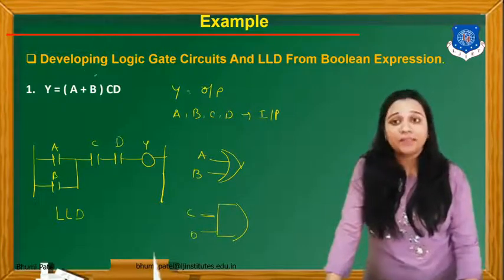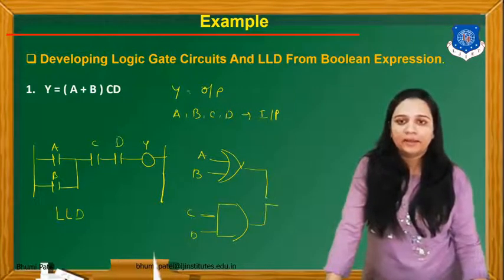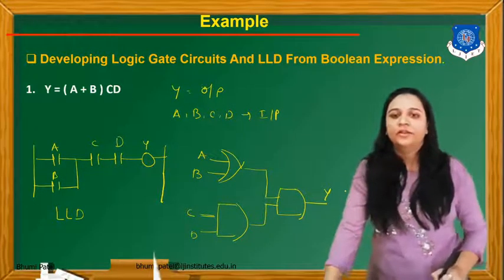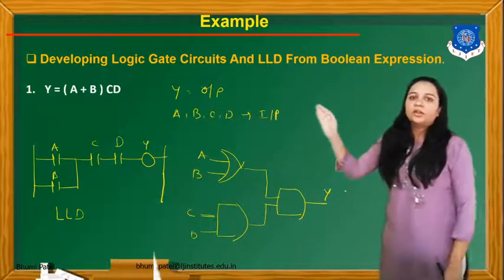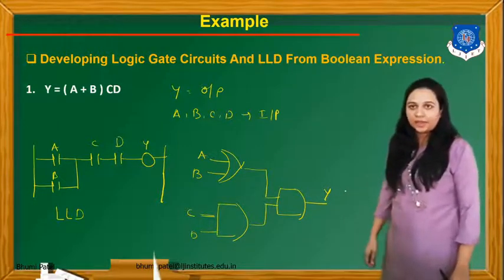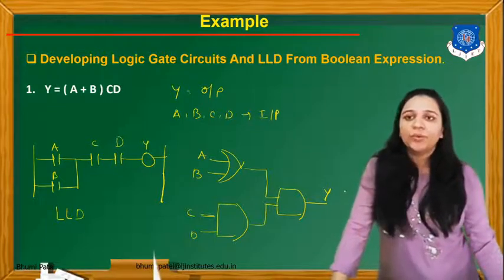And (a plus b) and cd are in multiplication, so we put an AND gate again and then the final output. So this is my logic gate circuit for this particular Boolean expression. This type of question is asked in the CQ exam.